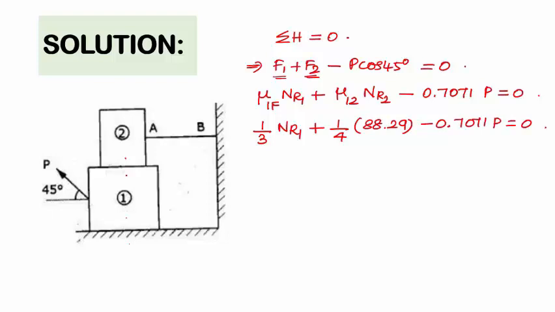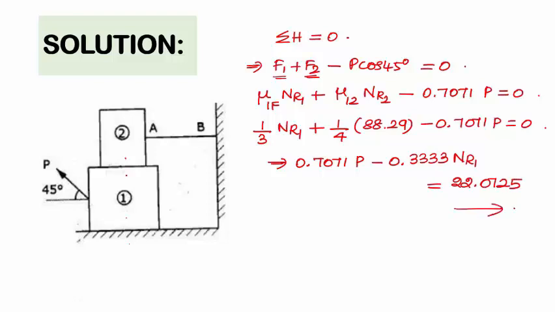We can simplify this expression as 0.7071 P minus 0.3333 into NR1 is equal to 22.0725. We can keep this as equation 2.